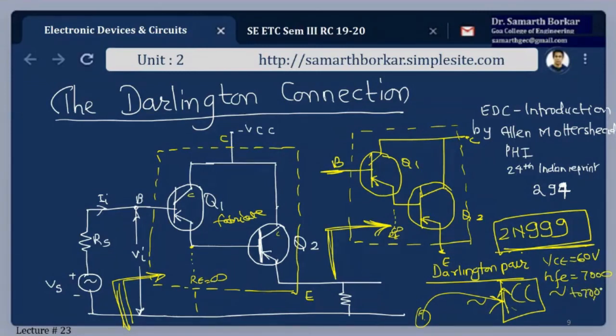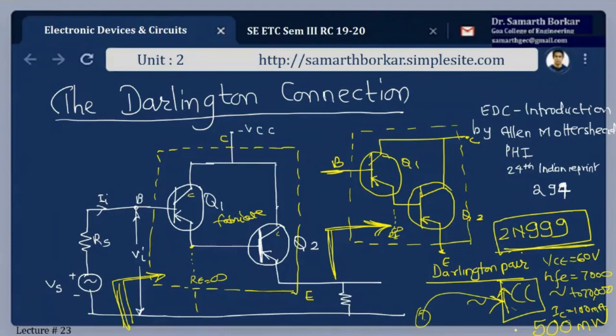That's a big value. The collector current is 100 milliamperes, and typically all our voltage amplifiers work at 10 milliamperes. Most importantly, the power capacity of this Darlington pair is 500 milliwatts. Otherwise, in the laboratory when we work, we just have 0.5 milliwatts.